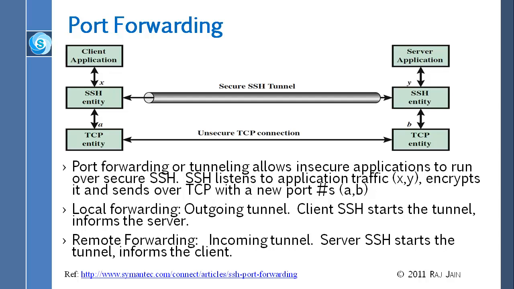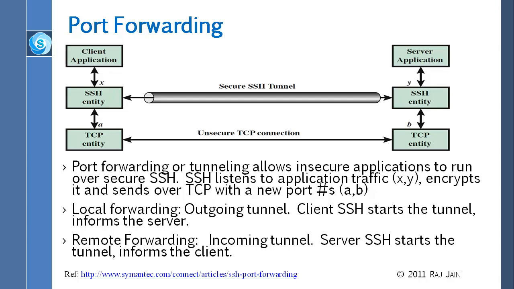So the main difference between local and remote is very subtle, is that in the local forwarding, the client starts the SSH, and then the client tells the server, the other side, that please forward the traffic to Y, right? In the remote forwarding, host W is the client, by the way.